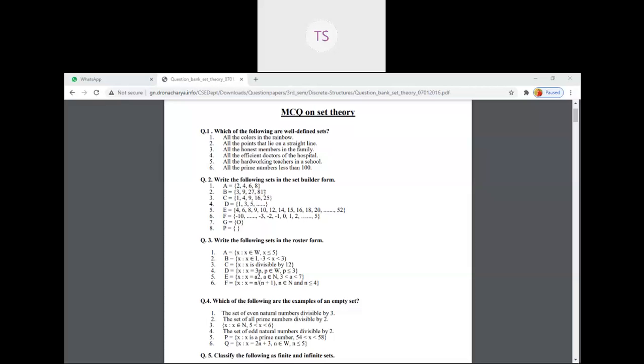That means we can write all the other numbers 9, 27 and 81 as powers of 3. So in set builder form I will write x such that x equals 3 to the power n, where n equals 1, 2, 3 and 4.